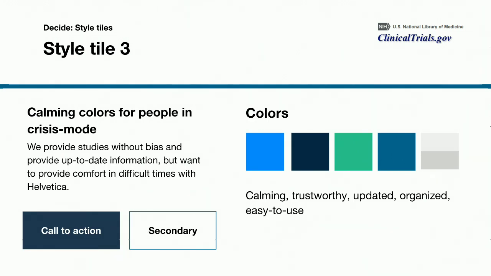And here's one that's going for a more calming mood, because we knew that a lot of the people using the sites were patients with terminal illnesses that were going there to find if they could find a cure. So we really wanted to be empathetic to this user group that might be in crisis mode. So we used more calming colors, Helvetica, and more spacing.